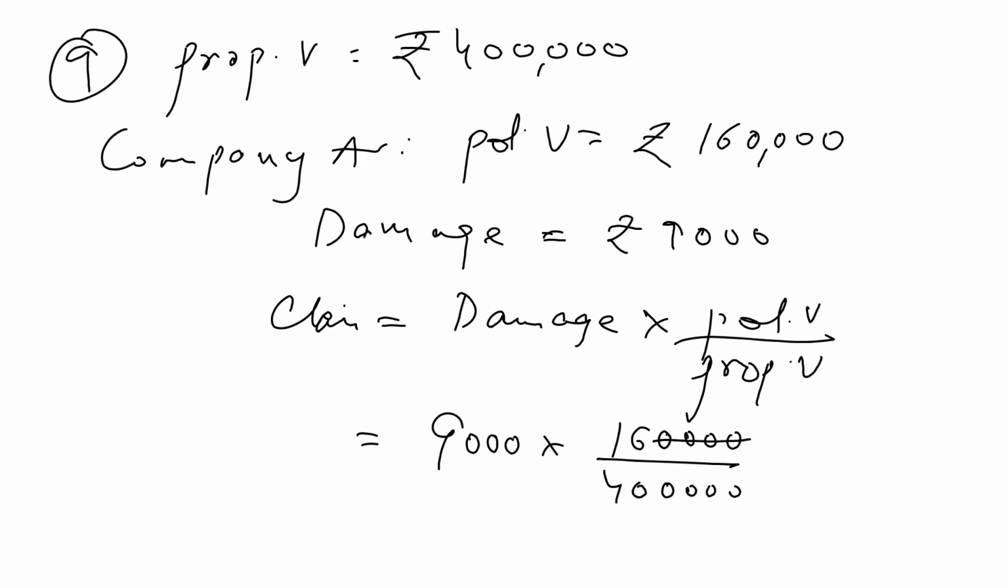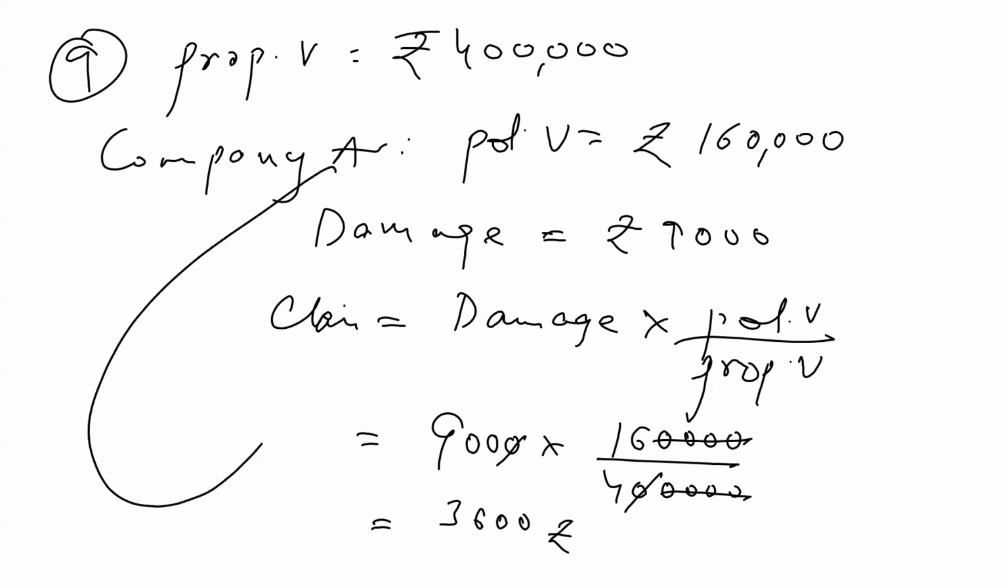So cancellation of all the zeros. 16 upon 4, that is 4. 4 9s are 36 and 2 more zeros. So from company A, the claim recoverable is rupees 3,600.